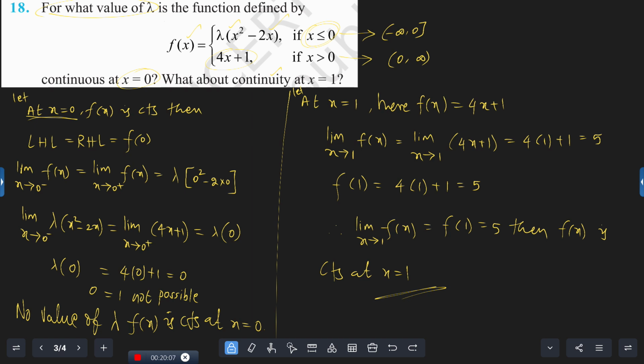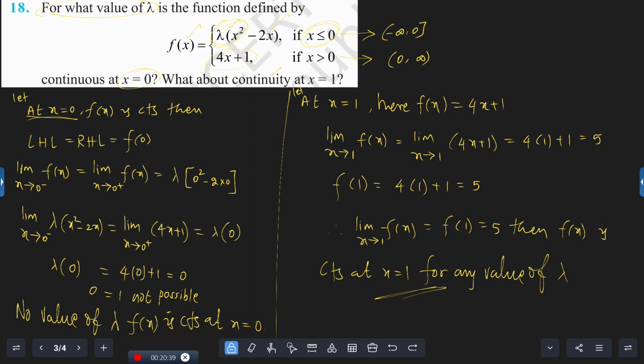Whatever lambda you give, it is not disturbing our answer. Have you noticed? Lambda never disturbs our final answer at x equal to 1, for any value of lambda. Why? Because only the first function has lambda, the second function has no lambda, and at x equal to 1 we use only the second function.